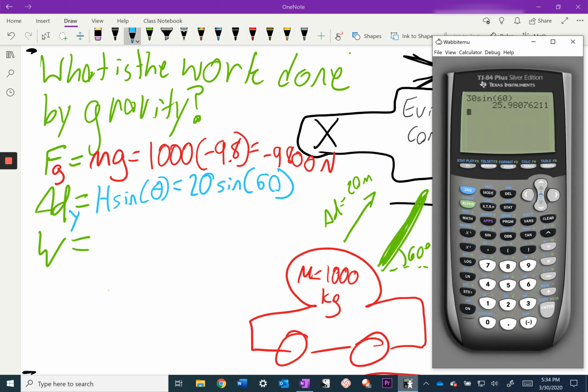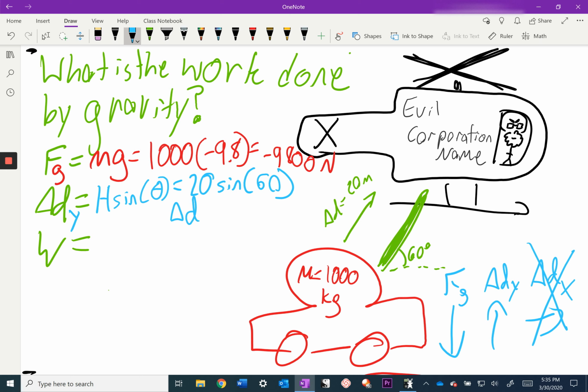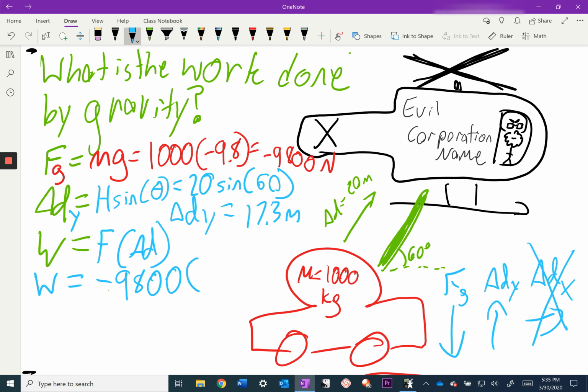So let's plug that into our calculator. 20 sine 60. Okay, that gives us a displacement in the y of about 17.3 meters. And we know that's in the positive direction. So our calculation for our work is going to be force times displacement, which means our work is going to be negative 9,800 times 17.3, which we'll go ahead and plug that in.